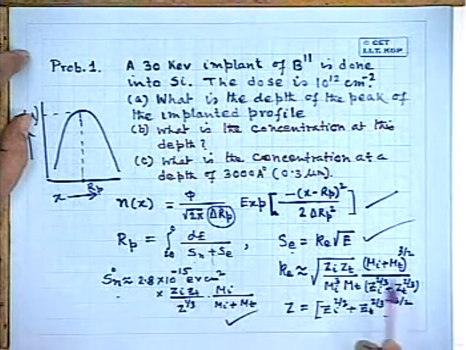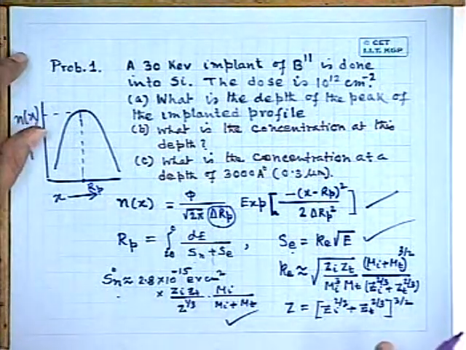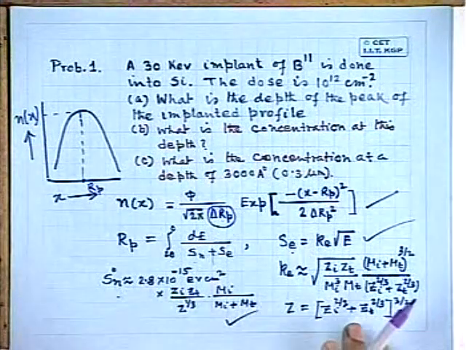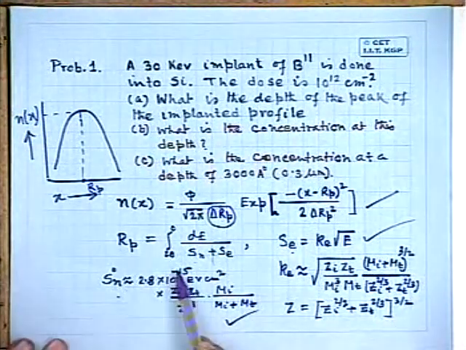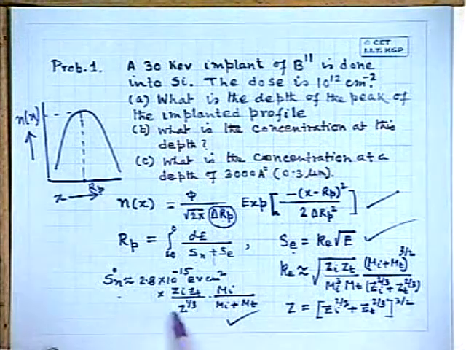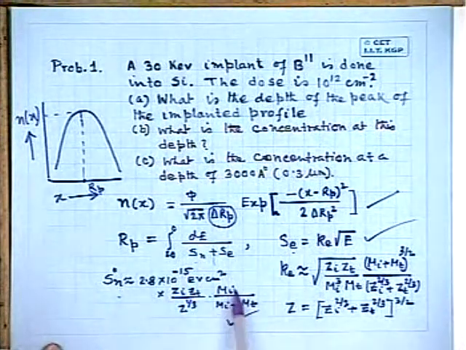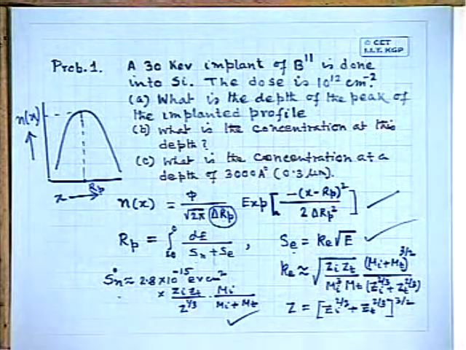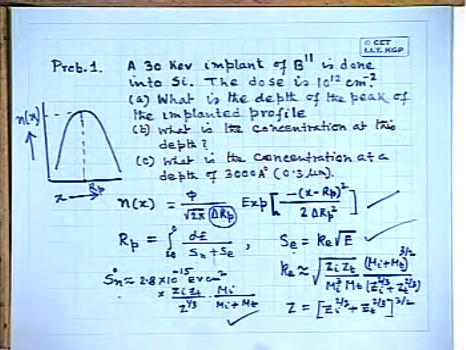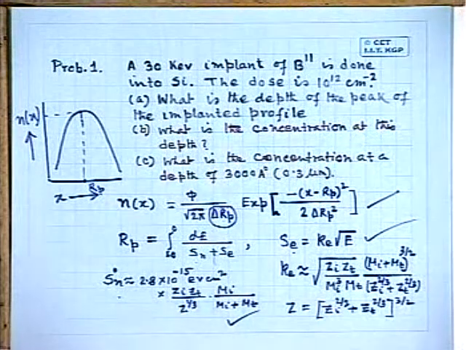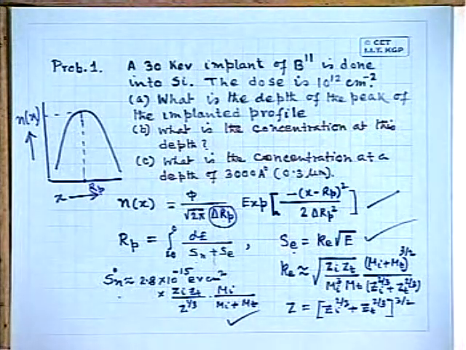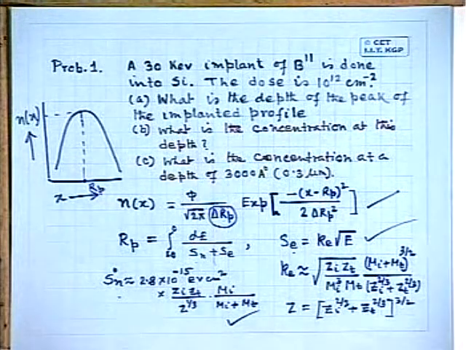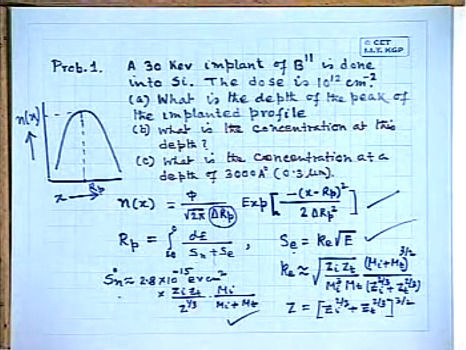All these calculations are involved. Normally, tables are available, or you have to calculate using Monte Carlo simulation if you want to find Rp and delta Rp exactly.